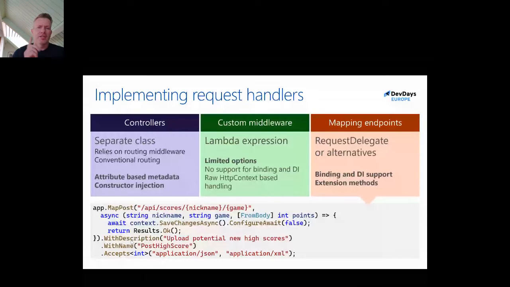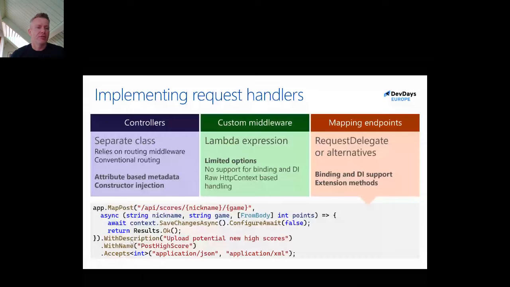So this new overload is exposed on the IEndpointRouteBuilder, the same thing as in the middleware for use endpoints, but now it's exposed at the web application level. And web application is at the very root of our program.cs file. So no more things surrounding it. We have the extra overload. We have the delegate type that takes an arbitrary number of input arguments.